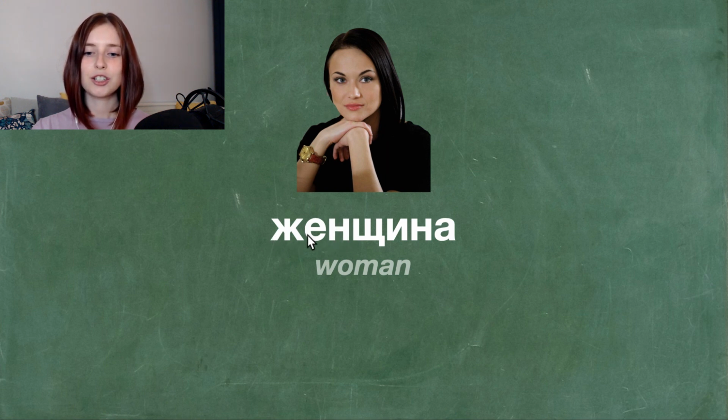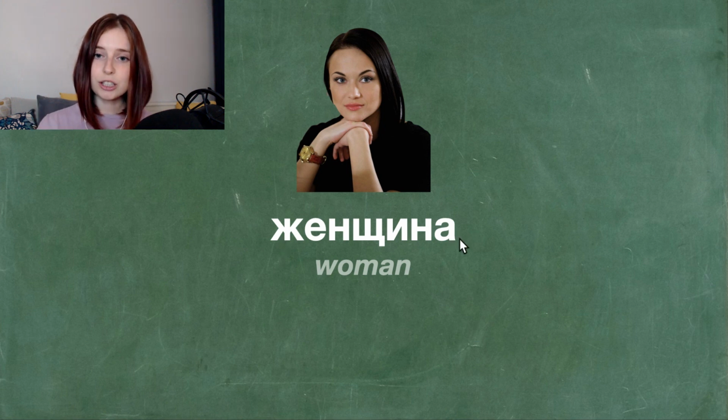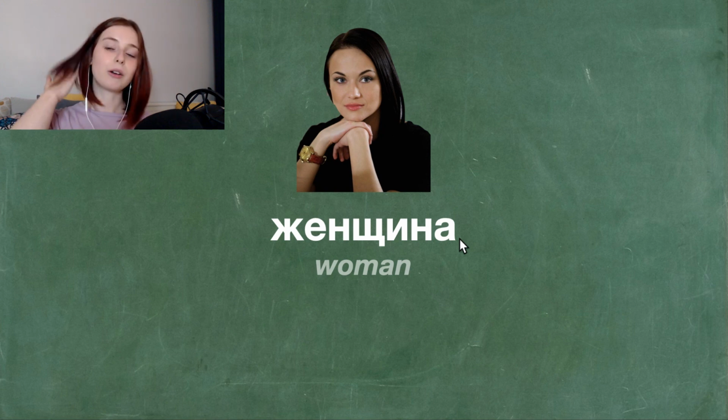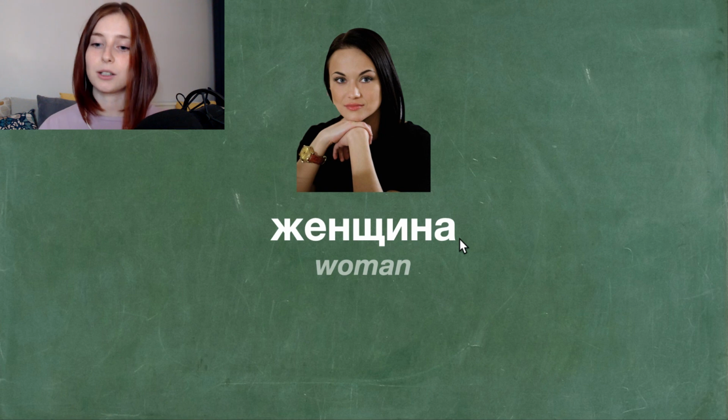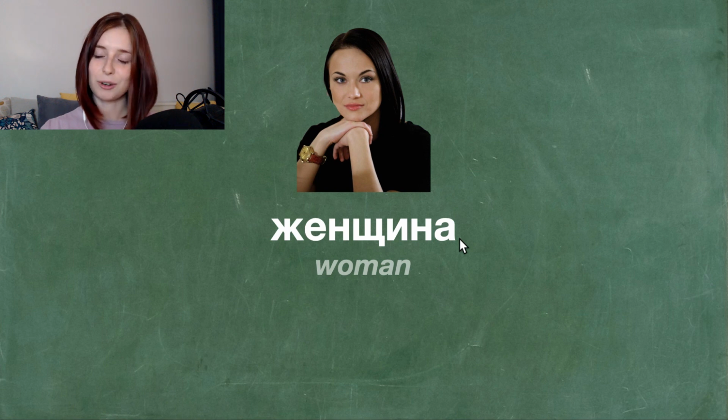Jen, sheep, женщина, woman, женщина. And you already know how to say I. So to say I am a woman, it is gonna be я женщина. Я женщина. Your first sentence in Russian.